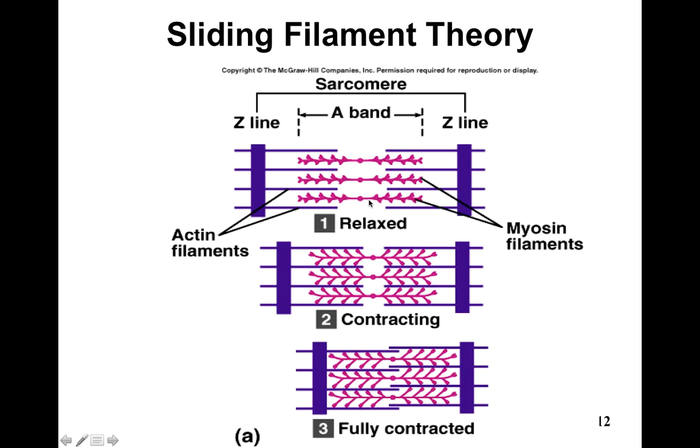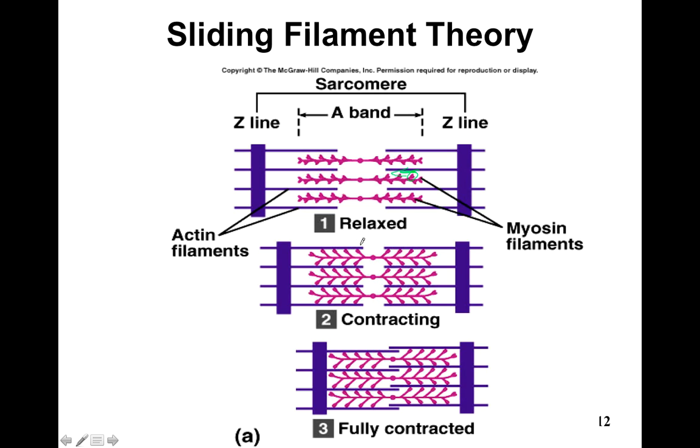And then the other part of this is the sliding filament theory, which really just shows how those myosin heads pull the actins. And when the myosin head pulls the actin, it shortens the sarcomere.